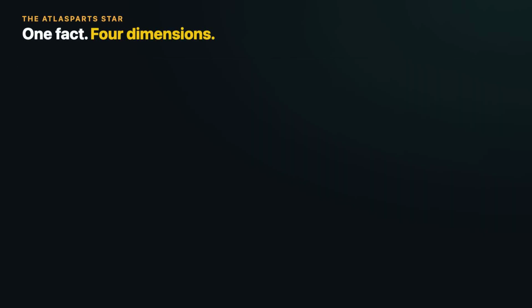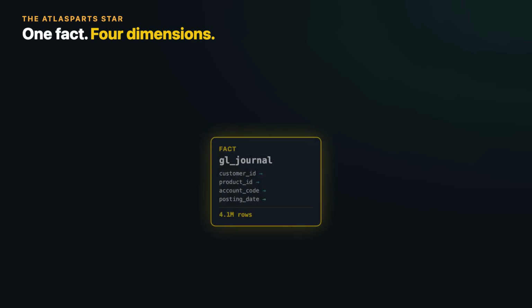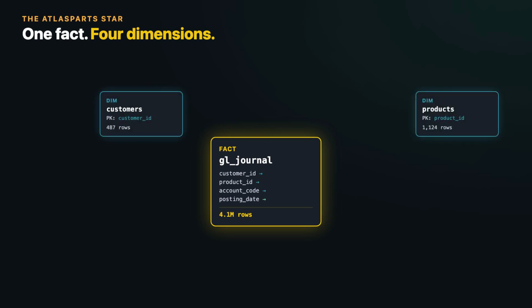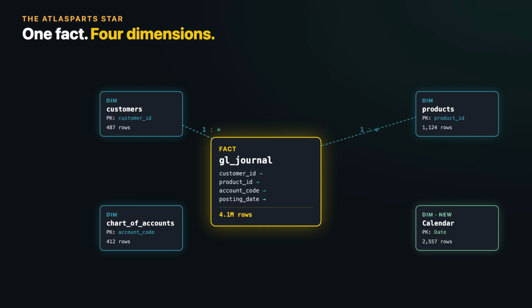Here's the AtlasParts star. At the center, the general ledger journal, 4.1 million rows. That's the fact table. Around it, 4 dimensions. Customers, about 500 rows, joined on customer ID.